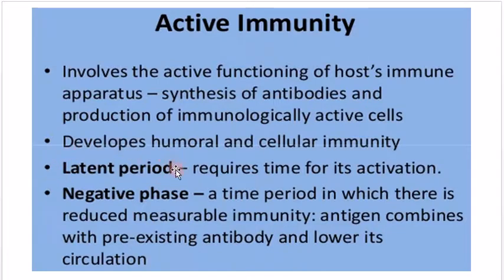The latent period is a period in which no signs or symptoms are shown, and there is a negative phase where there is some compromise of our immune system. Finally, of course, it is overcome.